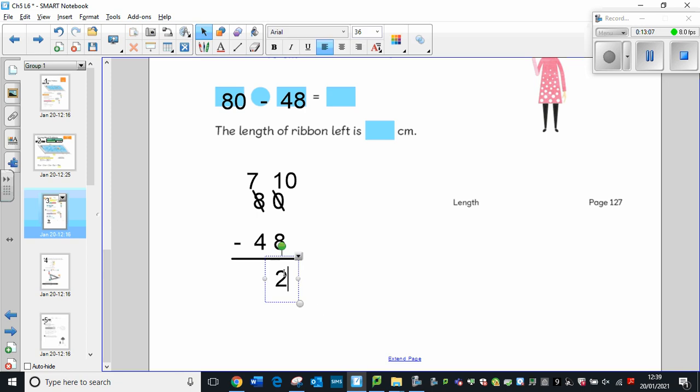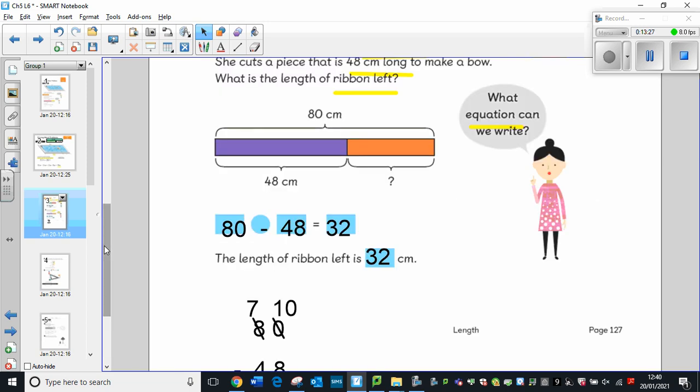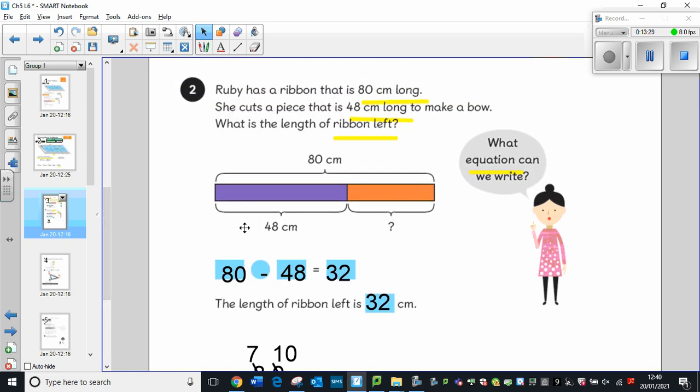Well, that would give me 2 ones. And then 7 tens take away 4 tens. That would give me 3 tens. So I know that my answer would be 32. So I know that the length of ribbon left is 32 centimeters. So well done if you were able to calculate that there was 32 centimeters of ribbon left.